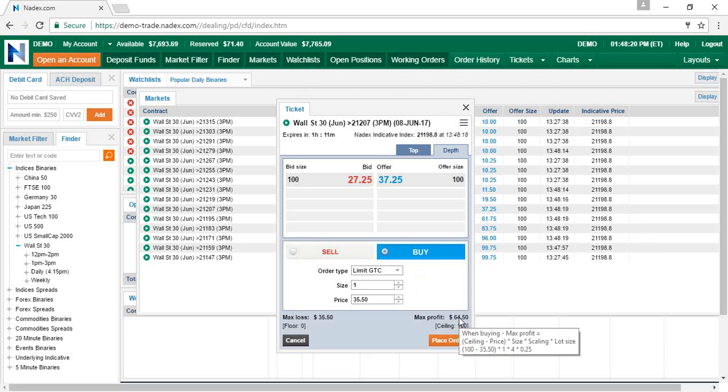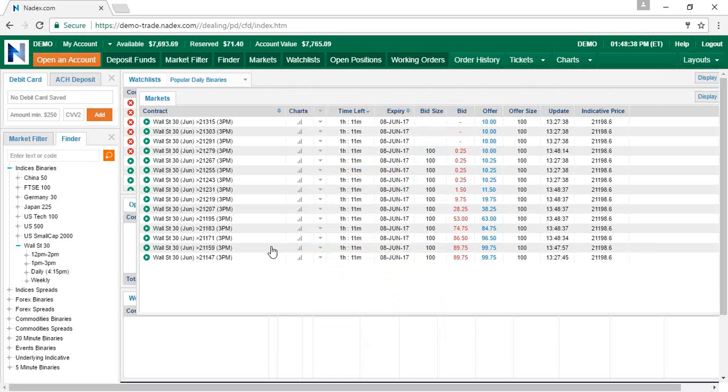On this binary, who can tell me? $64.50, right? So I buy a binary, the market goes up, I make $64.50.